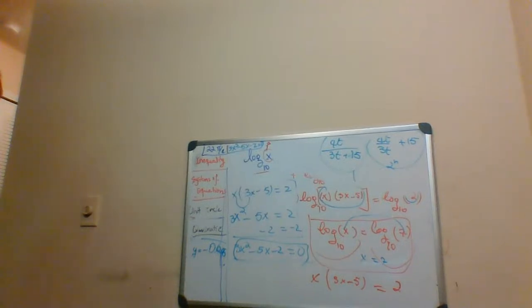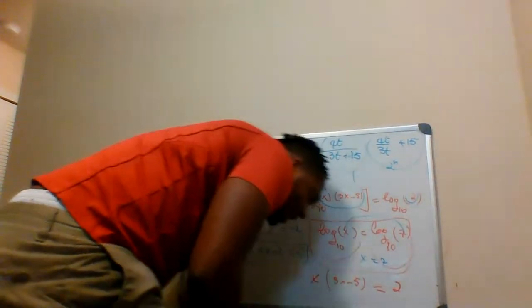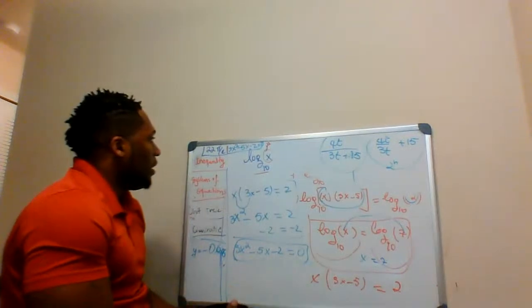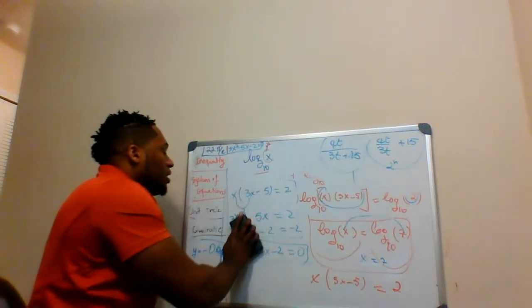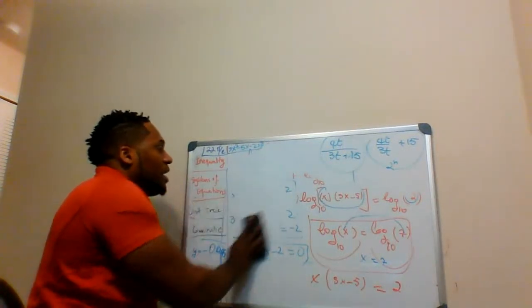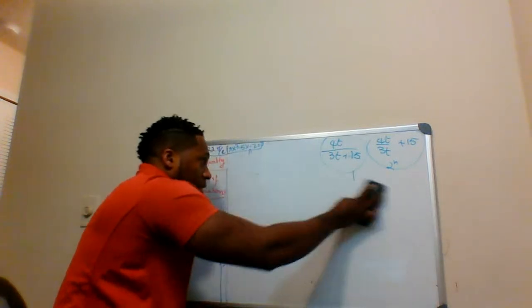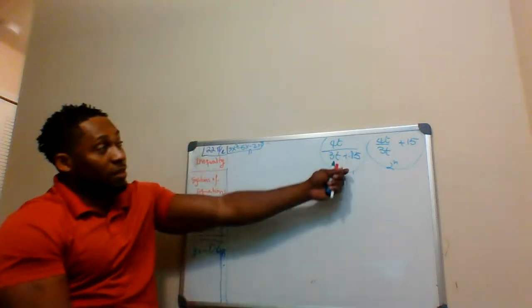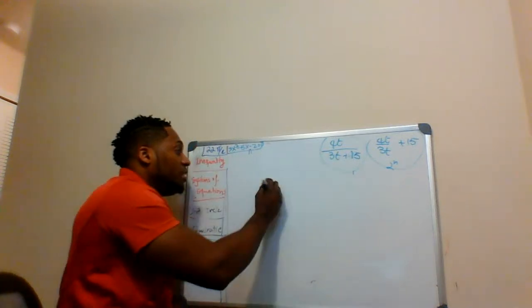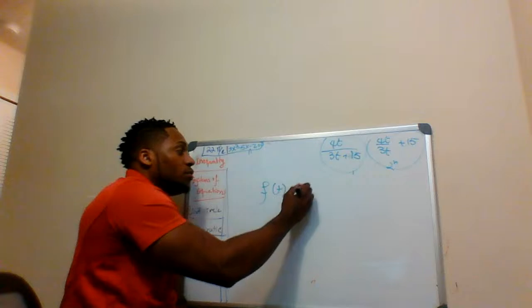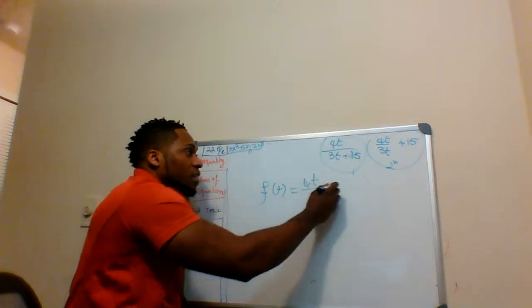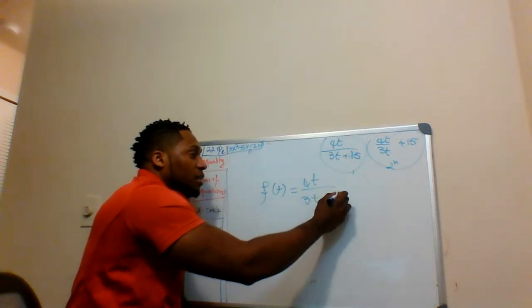Okay, so the values that it cannot take, I'm assuming it's a function. It'd be easier to get a picture, but this is what I'm assuming. I'm assuming they give you this as a function, like f of t is equal to 4t divided by 3t plus 15.